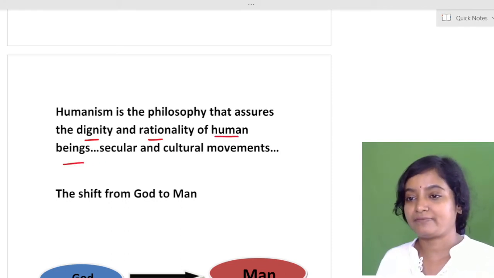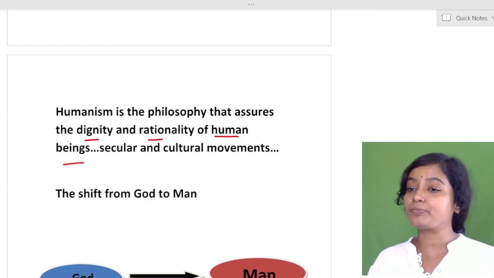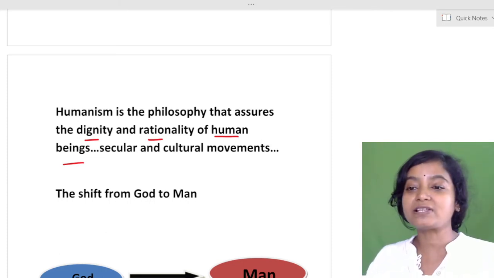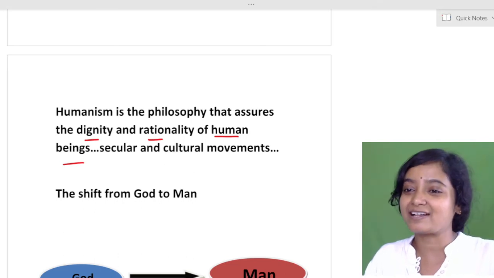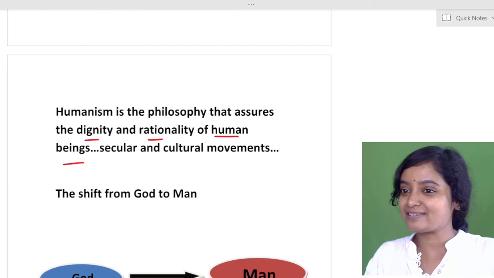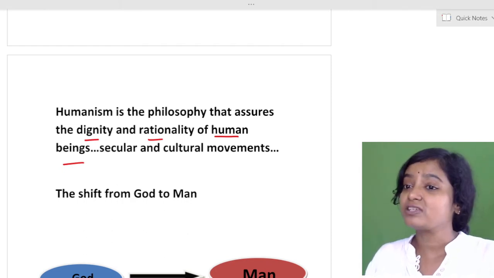Till now, what happened? The church was the supreme head. Whatever the church said would be correct. If the church said that the sun is roaming around the earth and the earth is fixed, okay, it is correct. If the church said that water flows not down but upward, then it is true.